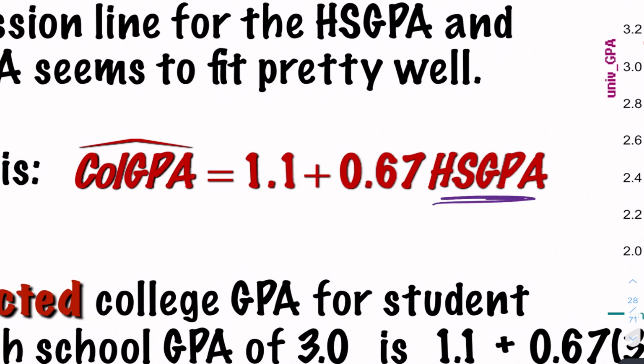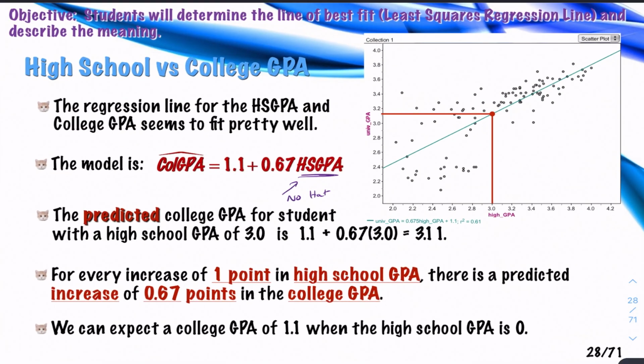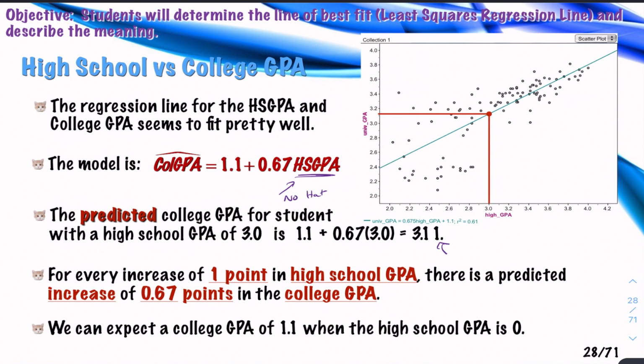Note, there's no hat on our explanatory variable because those are our actual data values. The predicted college GPA for a student with a high school GPA of 3.0 is, if we use that equation, we just plug in 3.0 and we get a 3.11 predicted university GPA.